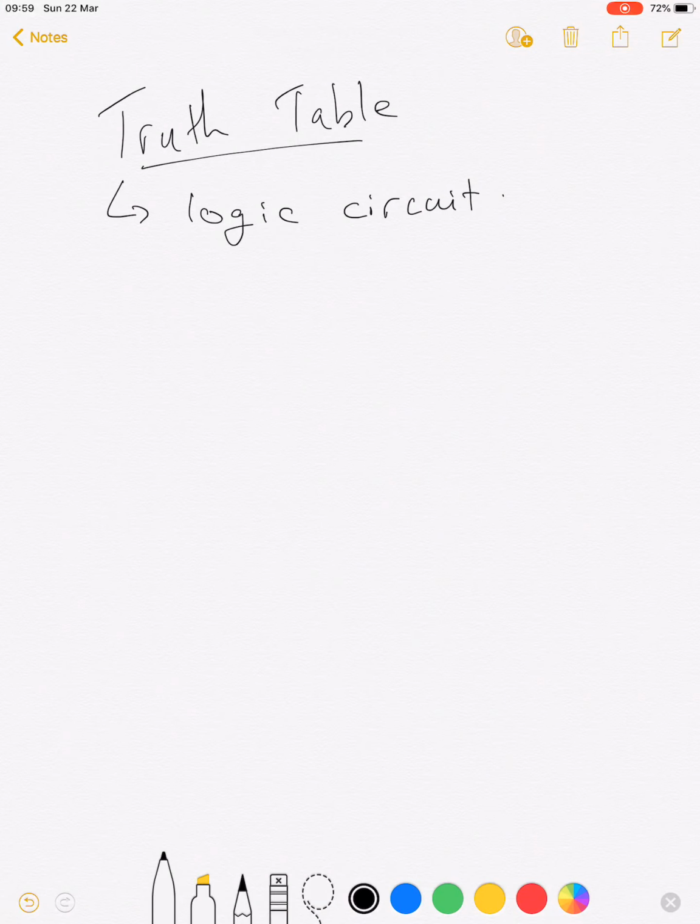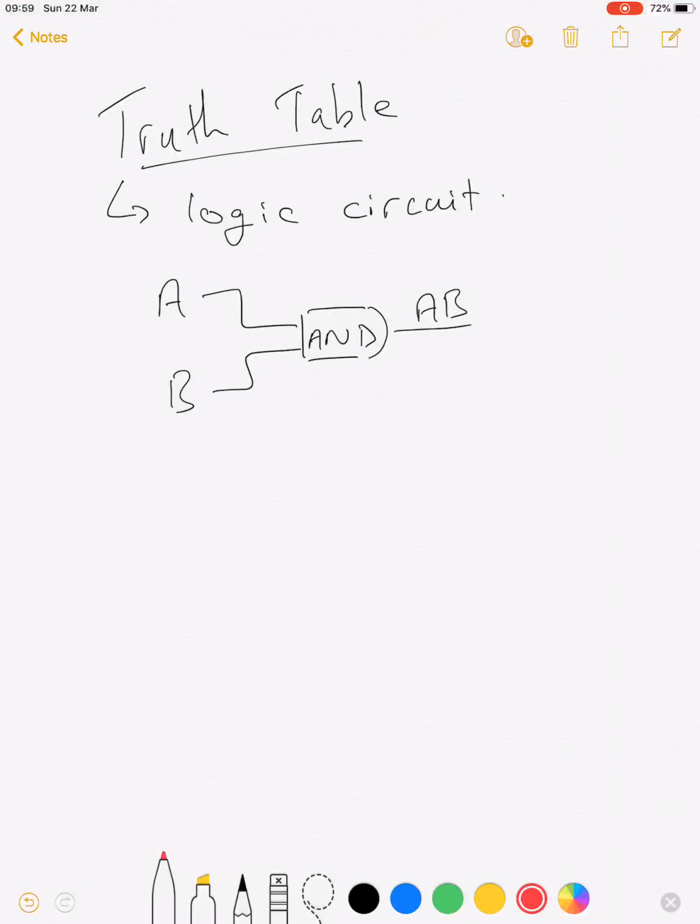So if we were to take a very simple example of an input symbol A and an input symbol B, and if we were to send these into a very simple gate, an AND gate, the resultant we get is A and B. Then we're just writing the gate inside here. So we should know by now that these two, A and B, are inputs.